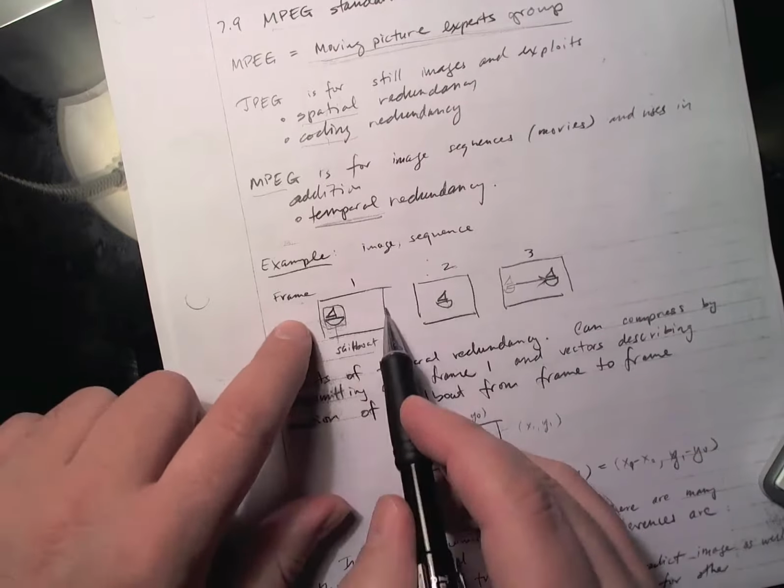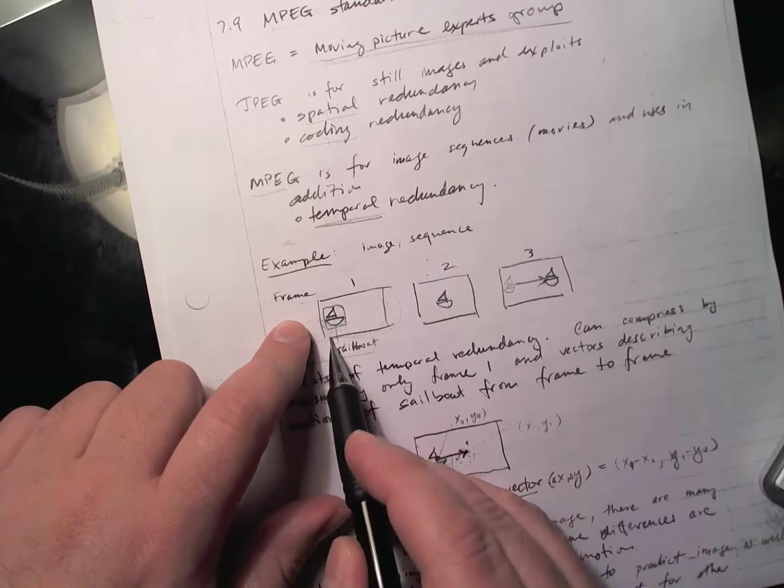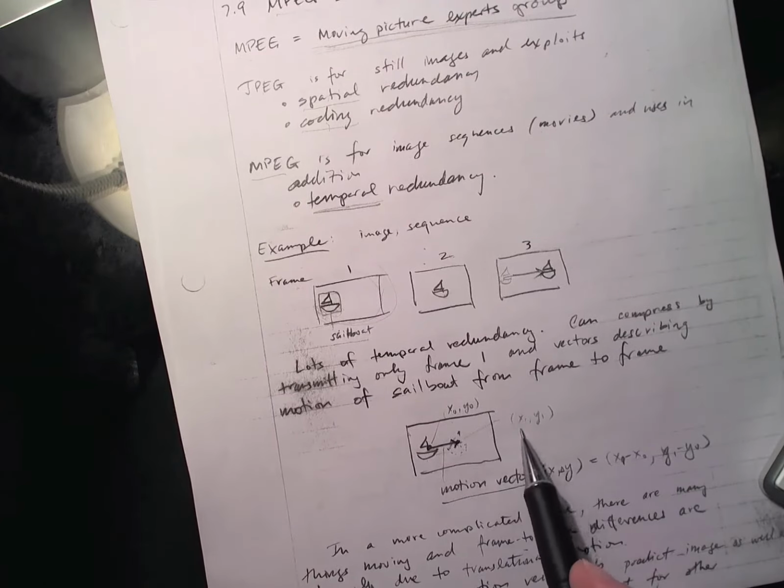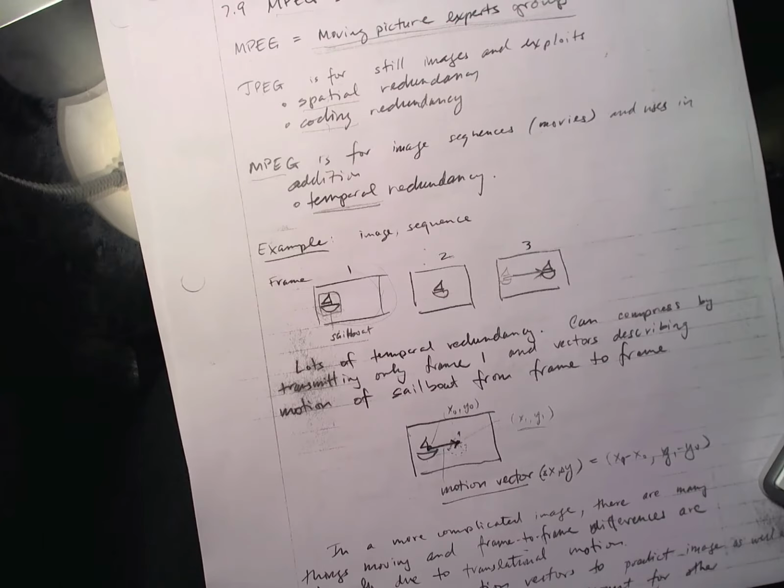And so for the first one I would have to tell you the whole image, but for the others I would simply tell you some XY coordinates, some spatial coordinates of how to move the boat around. And that's obviously much smaller than a lot of pixel values. It's just two numbers. So that's the essential trick of MPEG compression.